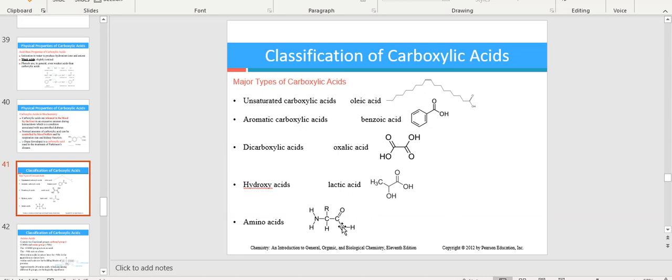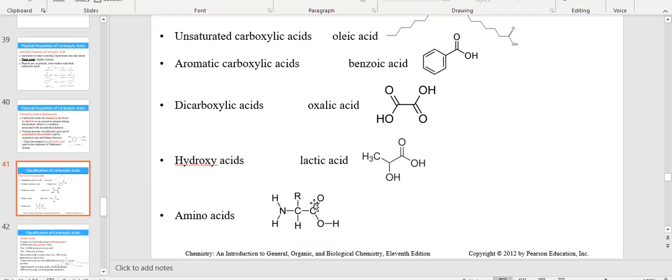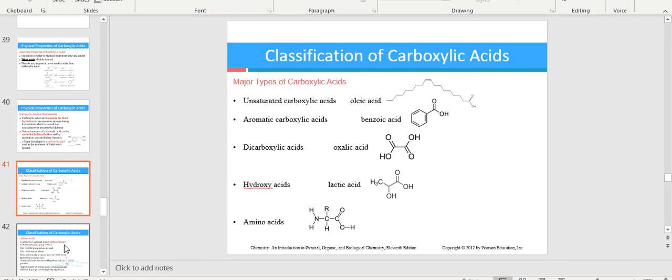And one of the most famous of them all is the amino acid. We're going to get into these in a little bit, and these are interesting because they have an acid group on one side and a base group on the other. So we'll get into those. That's why those guys are fantastic.